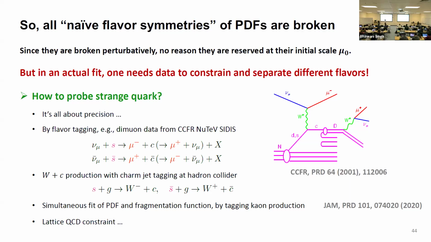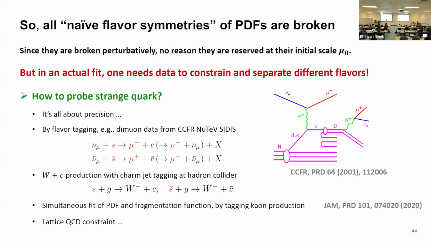And the further discussions are for the W plus charm production, and you can tag a charm jet at hadron colliders. And another way, as proposed by the GEM group down here at Jefferson Lab, is to select the final state flavors by looking at a particular hadron, like a kaon. A kaon contains a strange quark, but if you look at kaons, you introduce another kind of non-perturbative function called the fragmentation function.